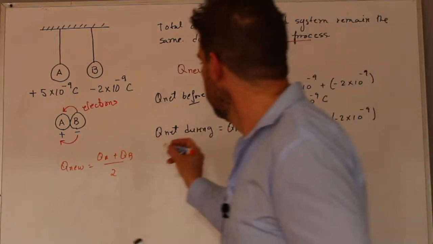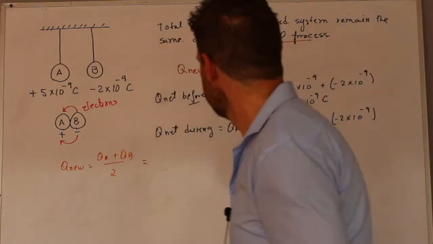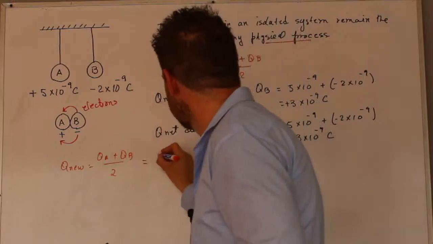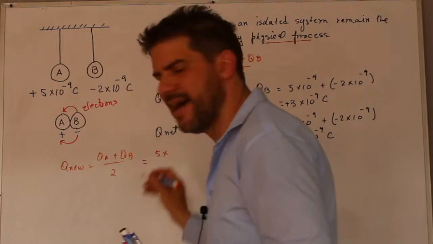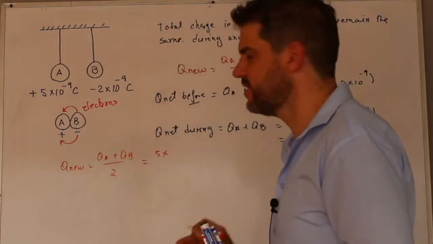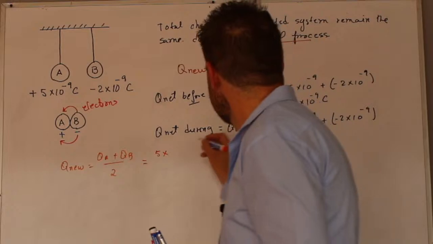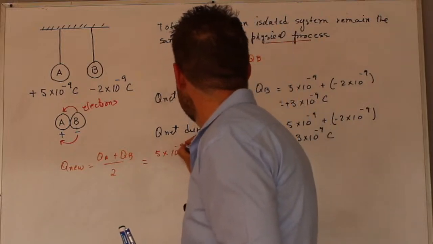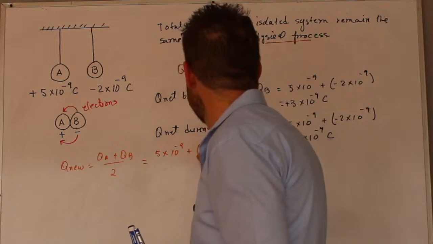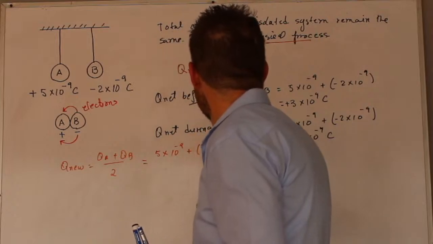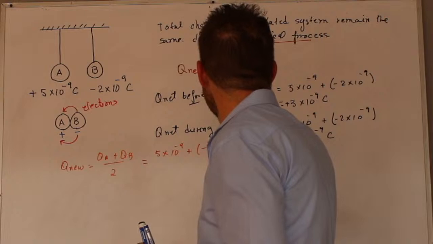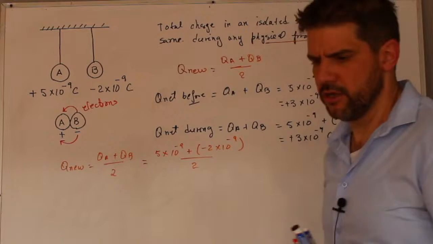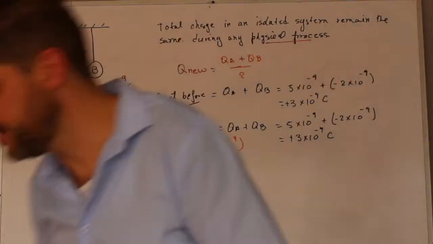Write the formula. So when you substitute here, QA is positive 5. Also, make sure you write the symbols here. So this one is 5 times 10 to the minus 9 plus negative 2 times 10 to the minus 9, divided by 2. All right, so do that calculation for me, guys.